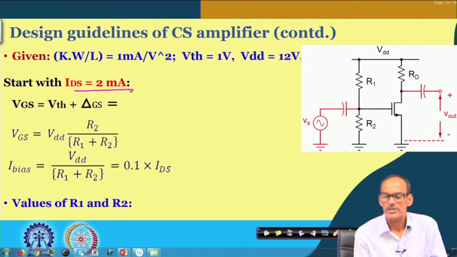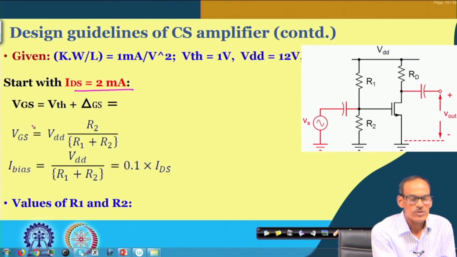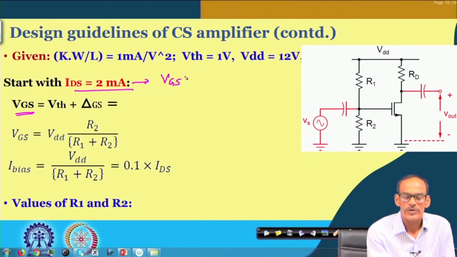So, what kind of changes are happening here? First of all, if you follow the same procedure, V G S minus V T H with this target you will be obtaining equals 2 volt, and then V G S actually is 3 volt.